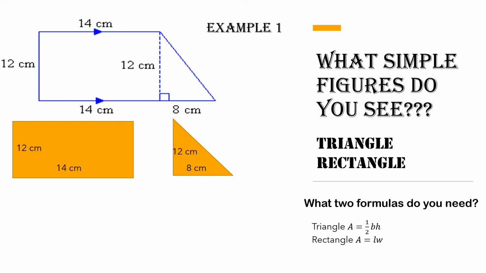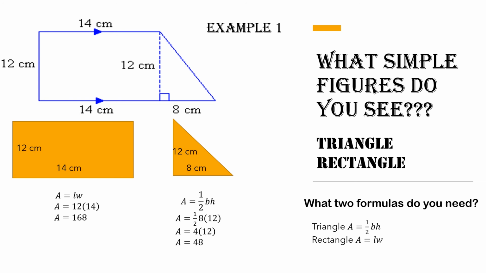Then I'm going to find the area of each. So in order to do this, for the rectangle, I would do length times width and get an area of 168 square centimeters. For the triangle, I would do a half base times height and get 48 square centimeters.